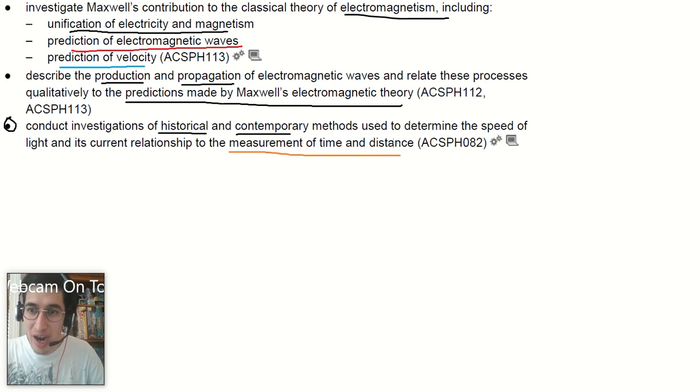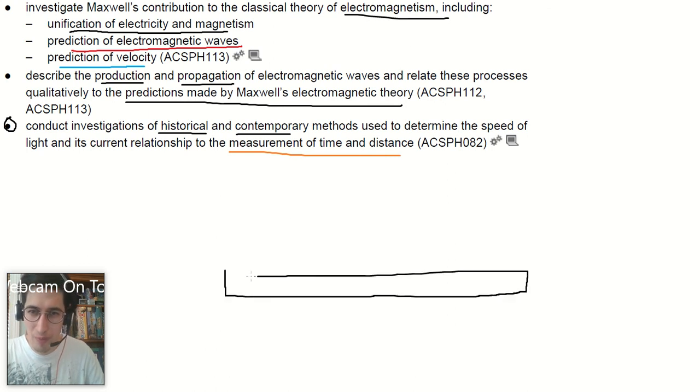Distances are measured in terms of the speed of light. So we have this thing called the meter, right? 1 meter. And 1 meter used to be defined as a metal rod that was stored in a vault in France somewhere. But now 1 meter is the distance it takes light to travel in a certain amount of time.